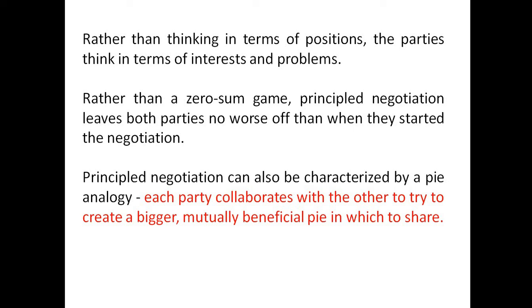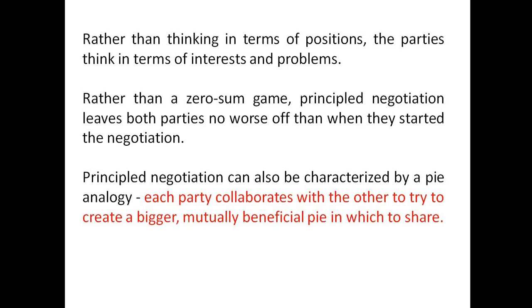Principled negotiation can also be characterized by a pie analogy. Each party collaborates with the other to try to create a bigger mutually beneficial pie in which to share. So you can see the difference: in the earlier one the pie remains constant and I wanted a bigger slice.